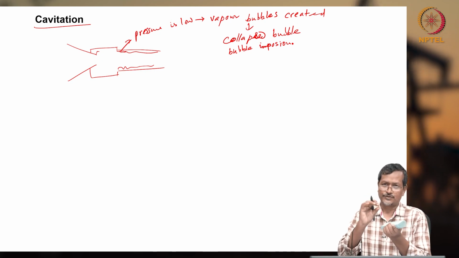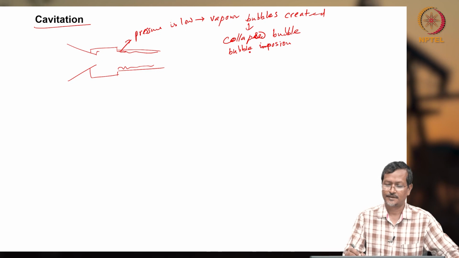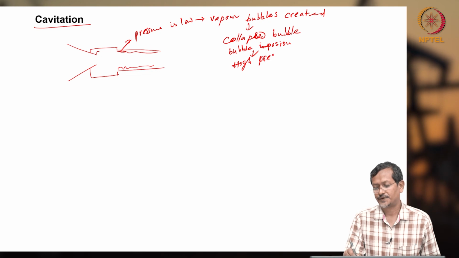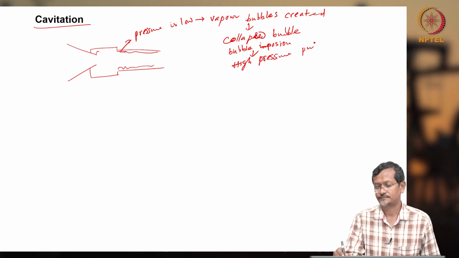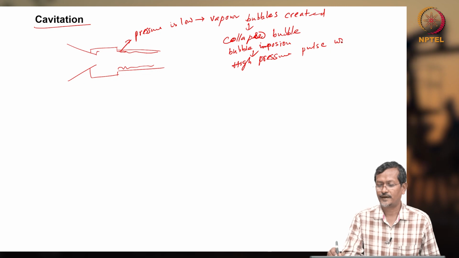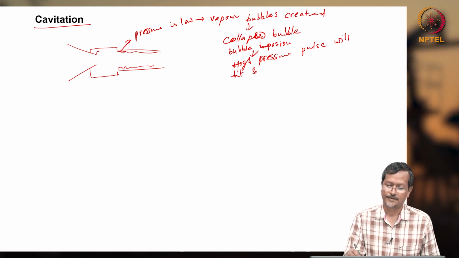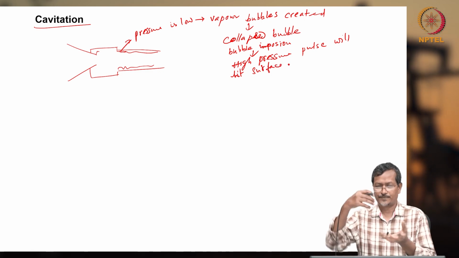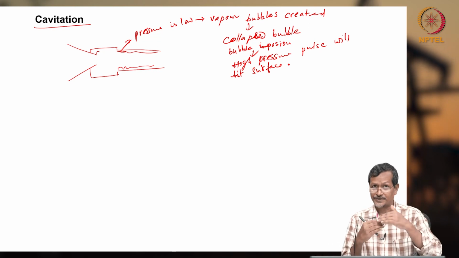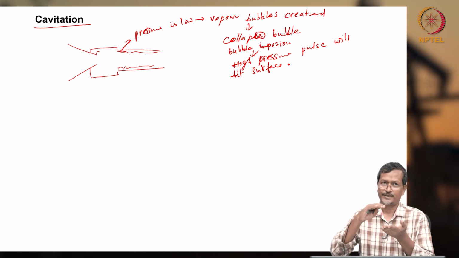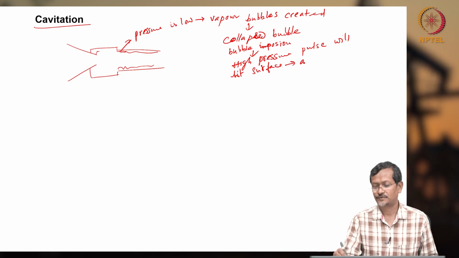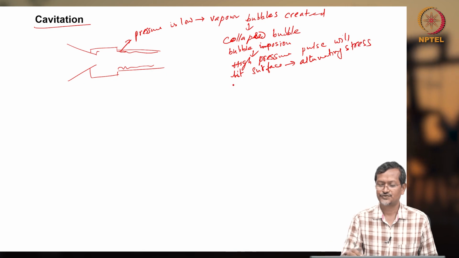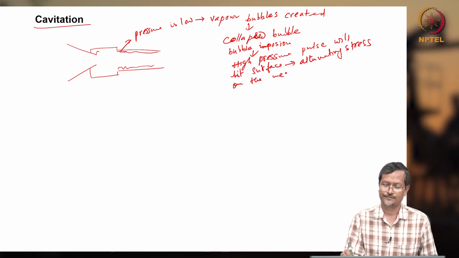A very high pressure pulse will hit the surface. Okay, the high pressure pulse will be hitting the surface, fluid pressure actually, so that will create continuous alternating stress on the metal surface.